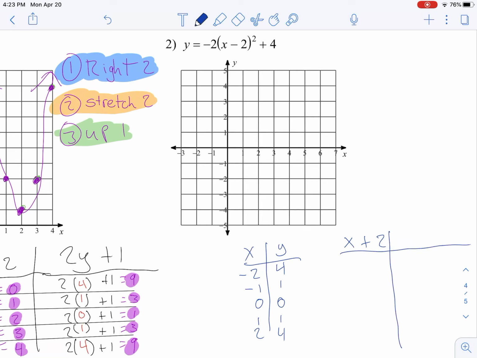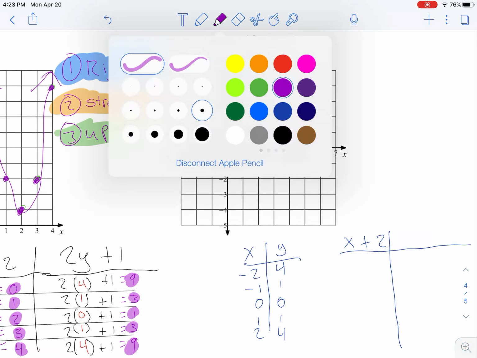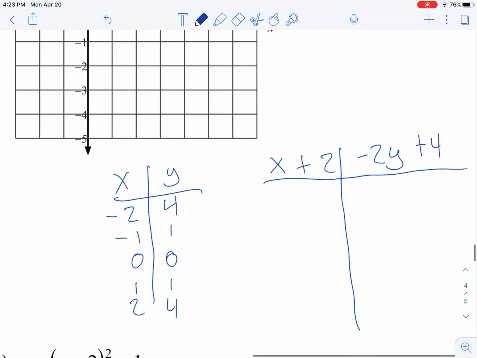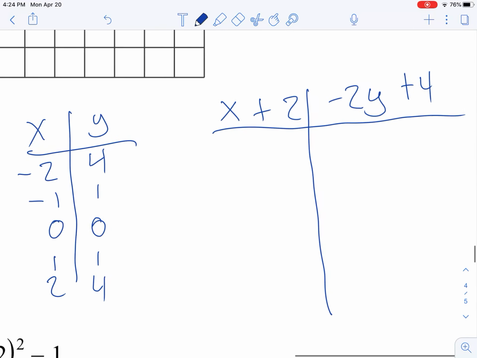And then on this side, we're going to take pretty much everything on the outside. I'll use orange here. So -2 times y plus 4. And now that I have built this out, and maybe it's a little bit easier to see if I organize these.